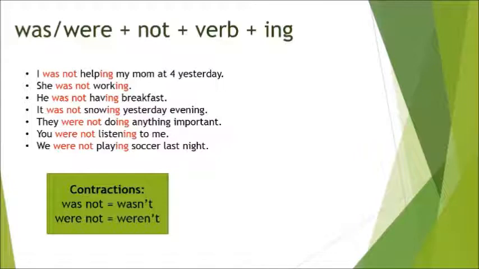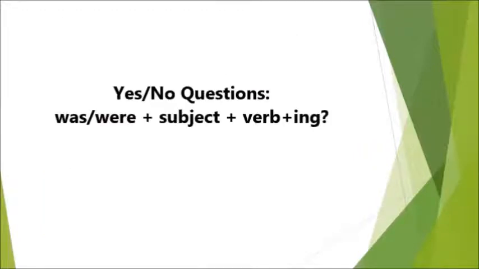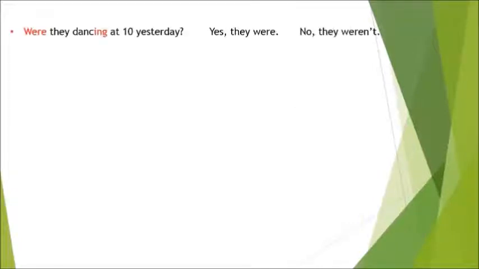We weren't playing soccer. Can you guess how to make a yes-no question? Yes-no questions are started with was or were, and we still have verb plus ing. Read these questions. Were they dancing at 10 yesterday?